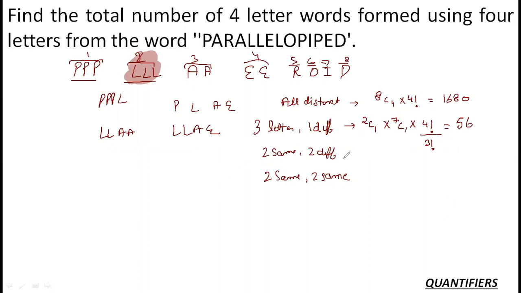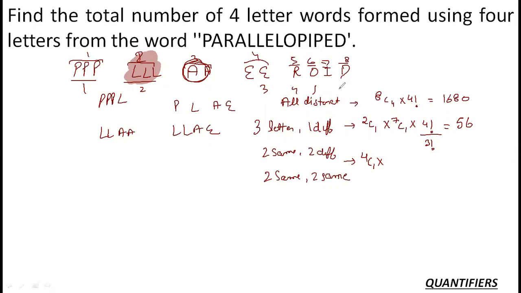Okay. Now is 2 same and 2 different. 2 same can be taken from this pair, this pair, this pair, or this pair. From any one pair, the 2 alphabets can be taken. So basically 4C1 into. Now I need two different. If any one is chosen, let's say I have picked these two, then 1, 2, 3, 4, 5, 6, 7.